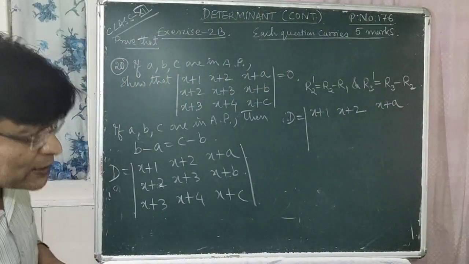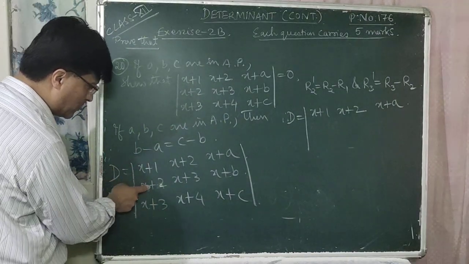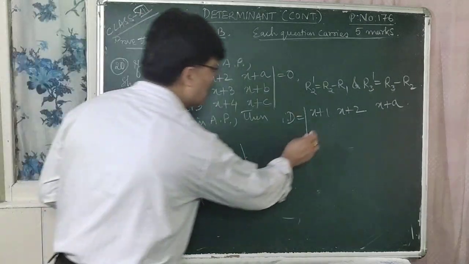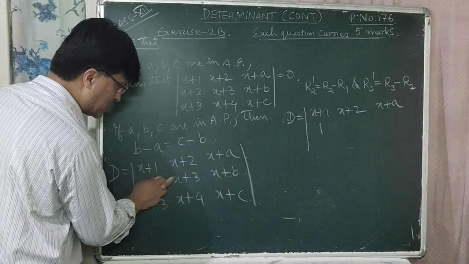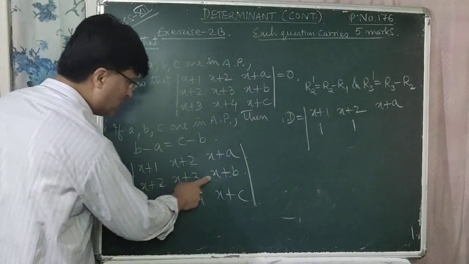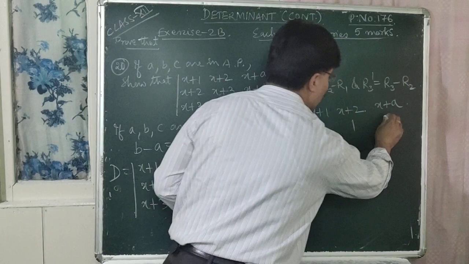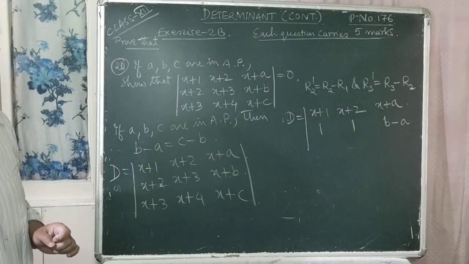X plus 2 minus X minus 1, X gets cancelled, 2 minus 1 is 1. Similarly, X plus 3 minus X minus 2 cancels, 3 minus 2 is 1. And X plus B minus X minus A, X cancels, B minus A. This is the new second row.